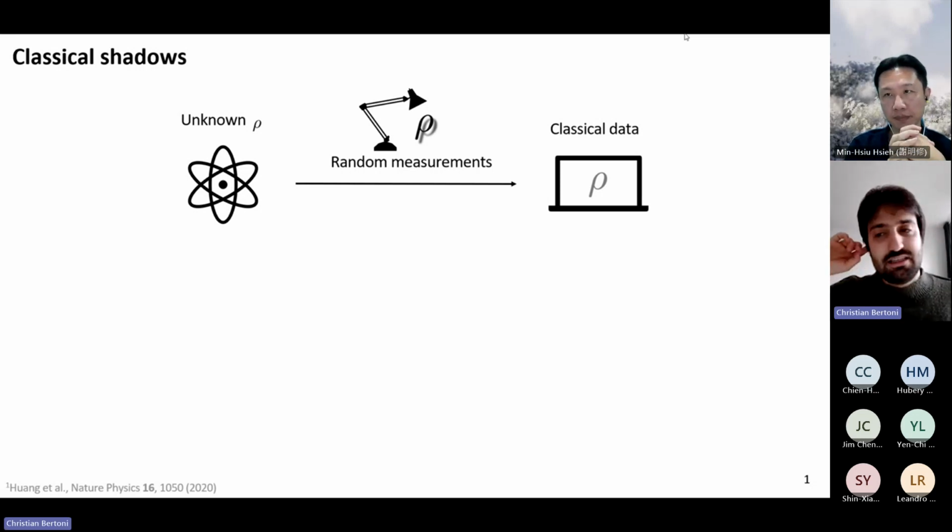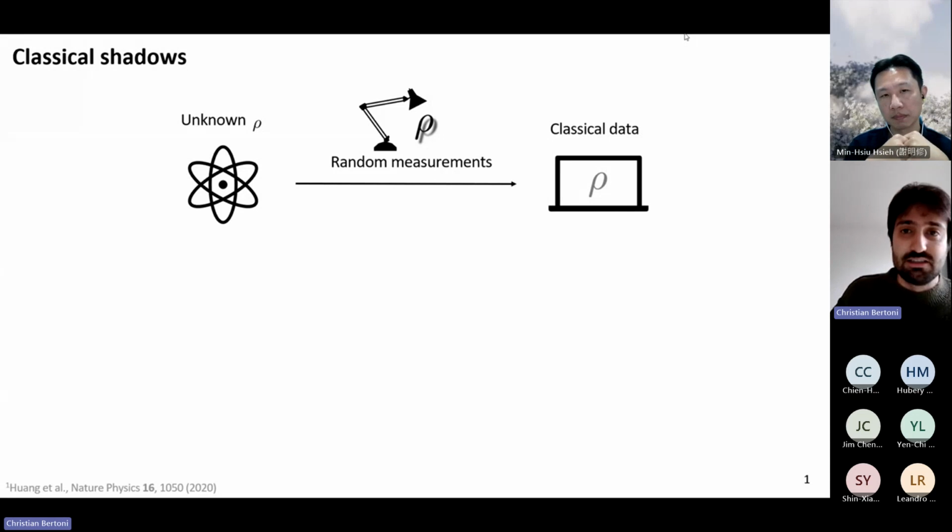Classical shadows is a protocol that was introduced by Robert Huang, Richard Kueng, and John Preskill in 2020, by which we can take some unknown quantum state rho that we have prepared in some laboratory, and using randomized measurements, we can extract some classical data, which acts as a representation of this quantum state.